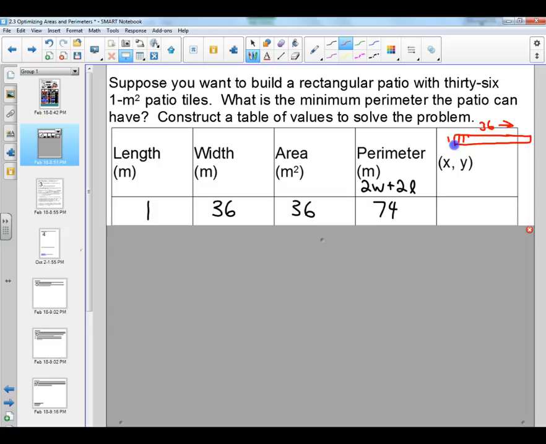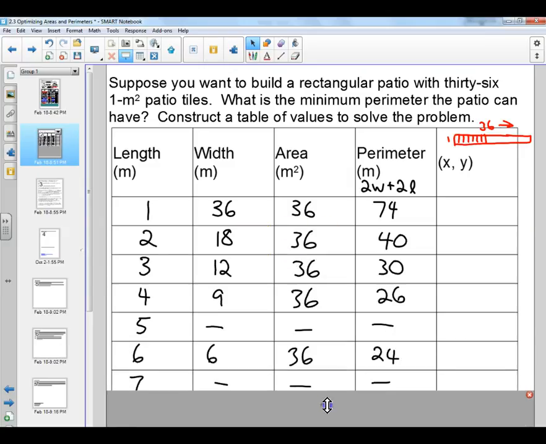Okay, so you can just imagine my divisions here, 36 tiles and 1 wide, or if we call that the length. So length times width is area, so we'll have an area of 36. The perimeter will be twice 36 plus twice 1, which is 74. And we'll see here as we reveal the values and fill in those yourself that here the area is going to remain constant and the perimeter will change.